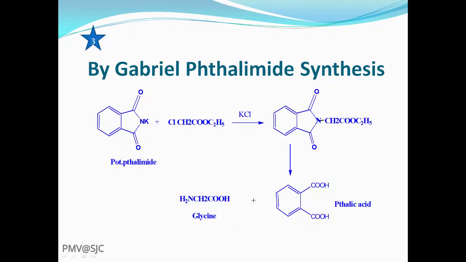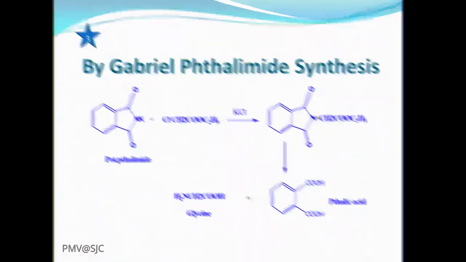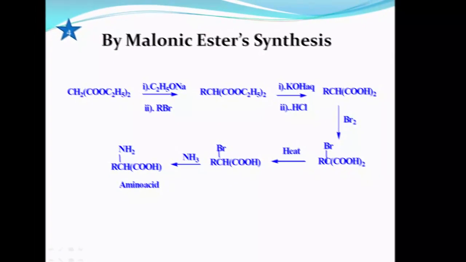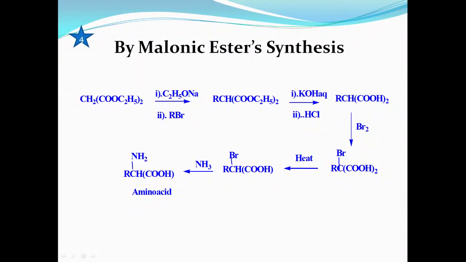Next synthesis is malonic ester synthesis. This synthesis is carried out initially by taking malonic acid. Malonic acid upon esterification gives malonic ester, and this reacts with an alkyl halide in the presence of sodium methoxide.